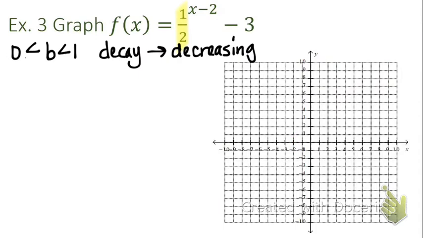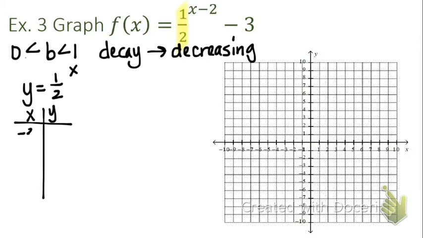For our parent, the parent is just y equals 1/2 to the power of x. So let's go ahead and figure out the parent table. You're going to take 1/2 to the power of -3, and then 1/2 to the power of -2, and 1/2 to the power of -1.